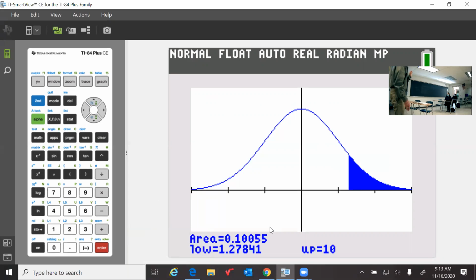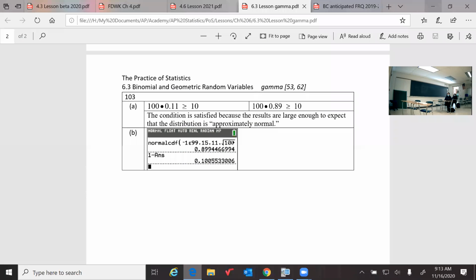So we got 13% when we did the problem discretely. When we use the continuous distribution, we got a number a little more than 10%. Which is what we got here on the binomial cumulative, where I said go from the left till you get to 15, 11, where the step is the square root of 100 times 0.11 times 0.89, you got 89%, which is to the left.